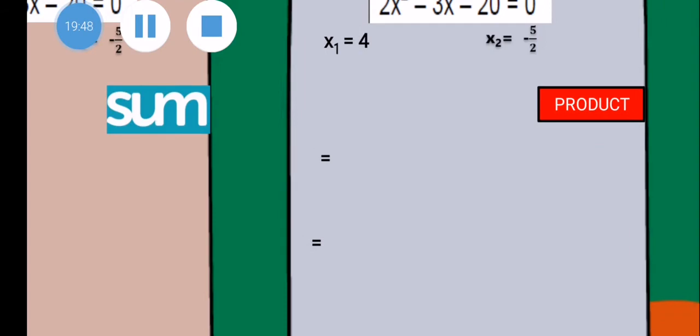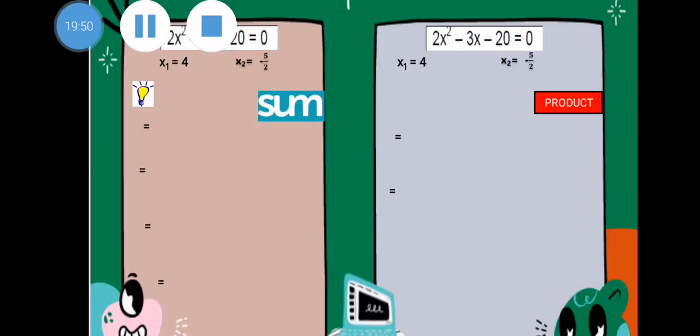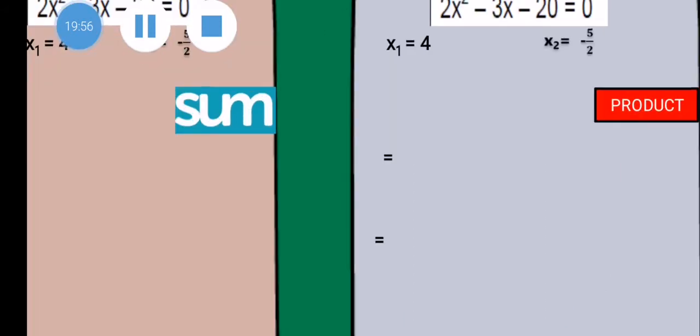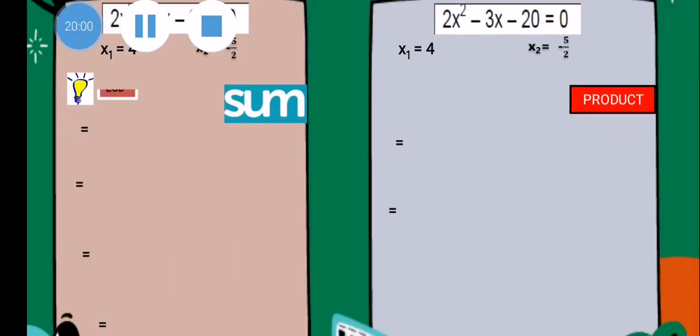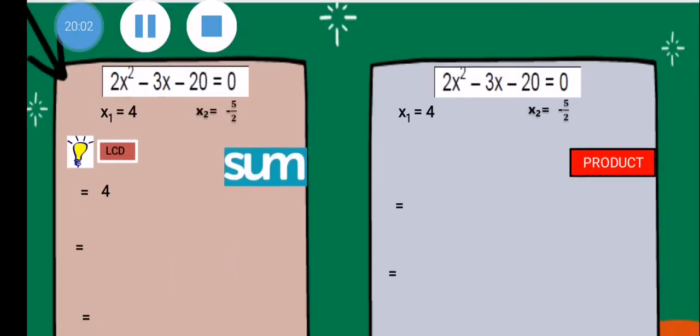So, between 4 and 5 over 2, So, ang LCD po nito ay ayan. Ang LCD po nito ay 2. So, i-add mo is, ano muna natin represent? 4 plus negative 5 over 2.